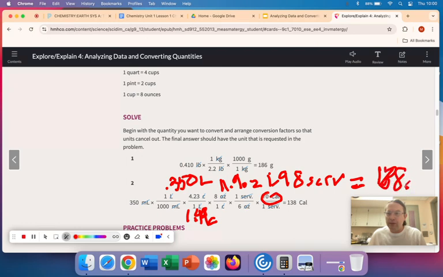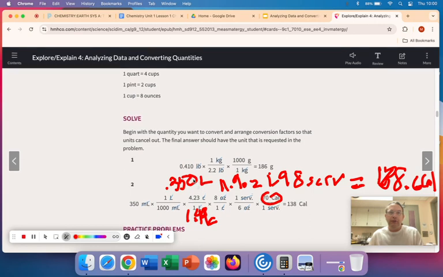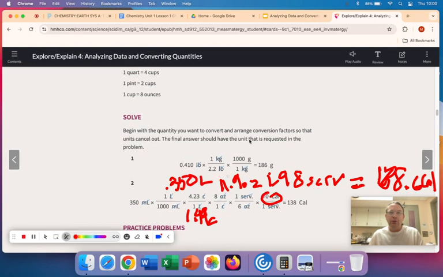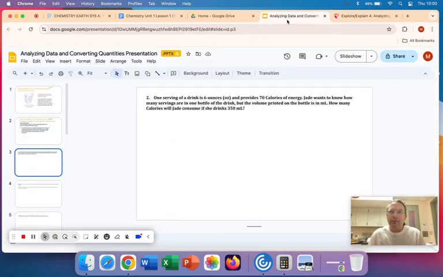I was off by less than a kilocalorie. So that's reasonable. Okay, so you can see we had to do multiple equalities to get there. So you kind of have to use these things like a roadmap.